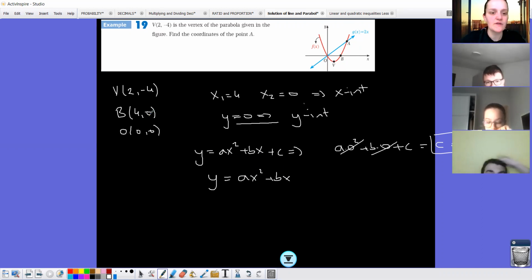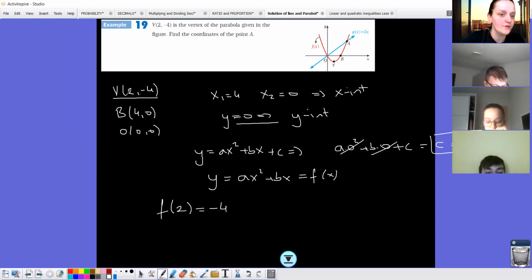What does it mean to satisfy the function? For example, the vertex is on the parabola. So when I write 2 instead of x, the y will be minus 4. Our function is f of x, so because the vertex is on the parabola, f of 2 is equal to minus 4.